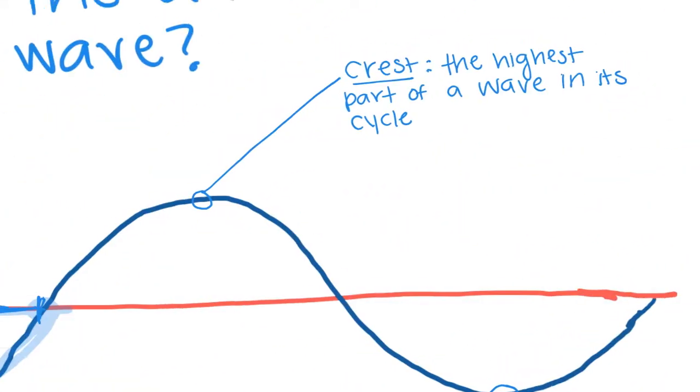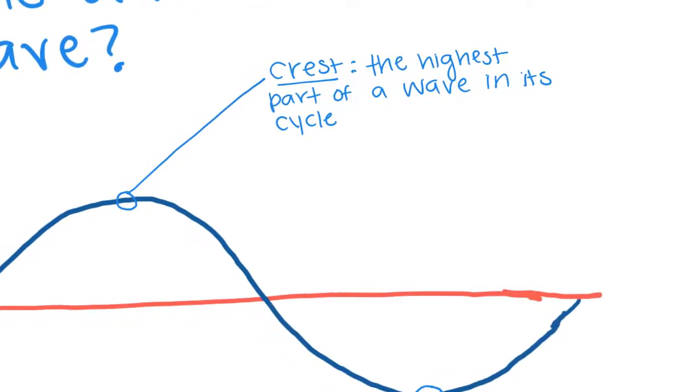Next, we'll talk about the crest, which you all might be familiar with, because if you've ever been to the ocean or the beach, we talk about the crests of ocean waves all the time. The crest is the highest part of a wave in its cycle. So it is literally how high the wave gets throughout its single cycle. Again, when we talk about ocean waves, we refer to crests.